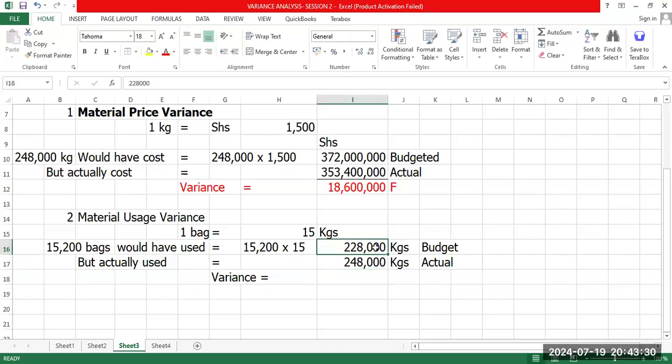You were planning to use this, but you used this. In short, here you are not efficient, since you used more materials compared to what you had initially budgeted to use. So the variance here is adverse.